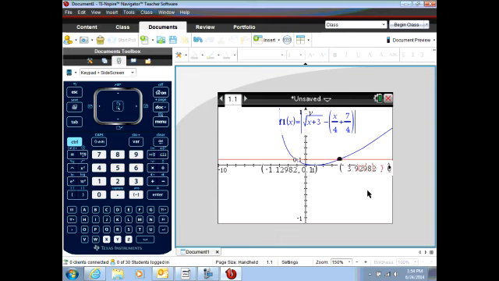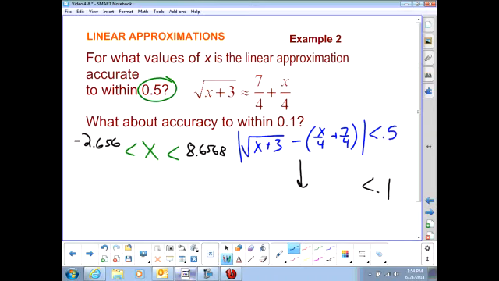And the other we've got about 3.92 or so. So if we were doing 0.1, our x's would have to stay between about negative 1.12 and about 3.92 or so. Okay, so that's basically defining how good is good enough for our approximation.